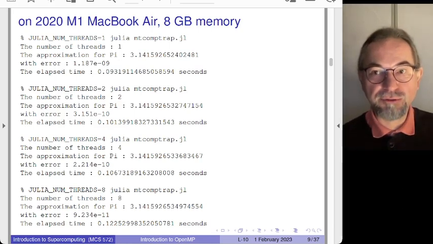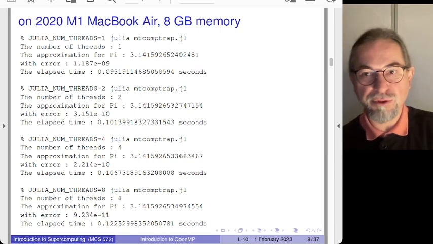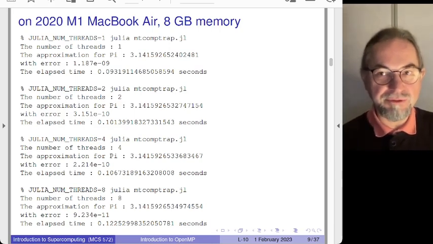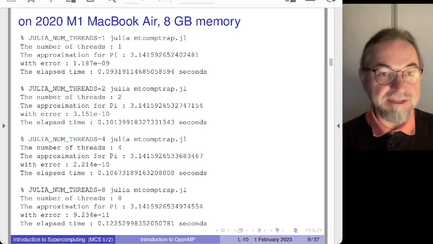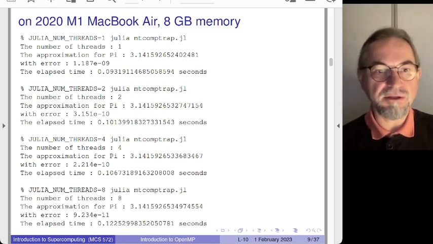So to emphasize again the difference with multiprocessing: with multiprocessing, it's highly unlikely that you can speed up something that runs in milliseconds. Okay, so with 8 threads, if I wait 123 milliseconds, then I have more than 10 decimal places correct of pi. So this is our baseline.